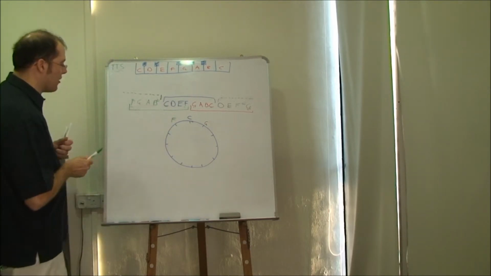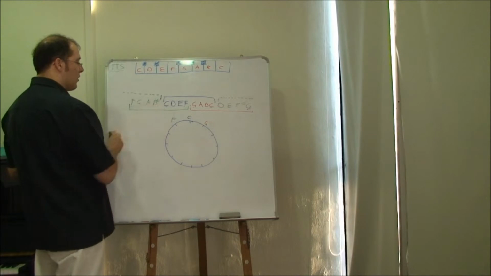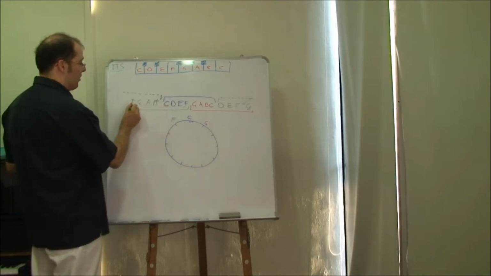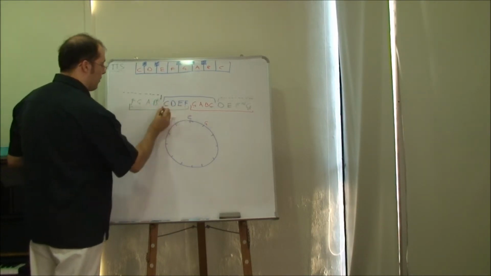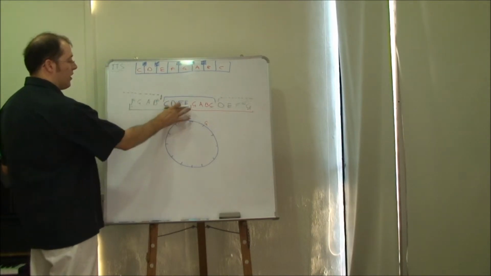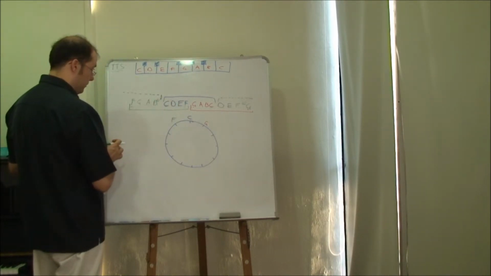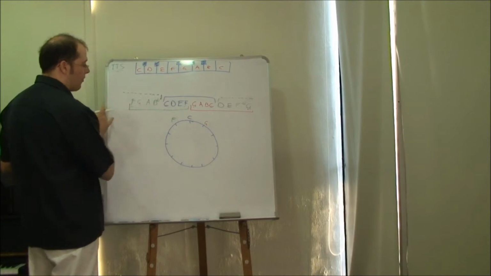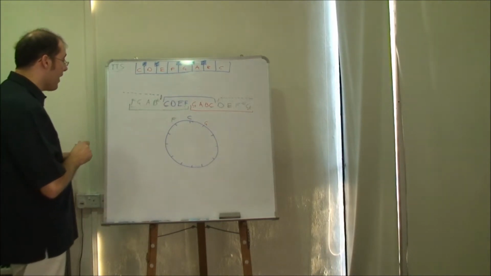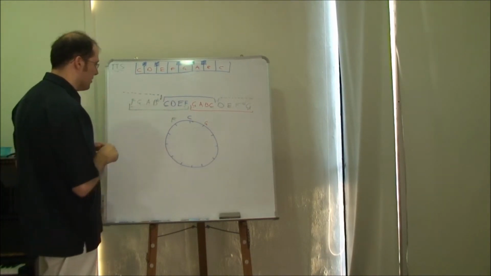Now, usually when you count intervals, you won't count intervals backwards that way. You always count that way. So from C to F is a fourth. It's not a fifth going backwards. But when we get to intervals, we'll discuss that a little bit.